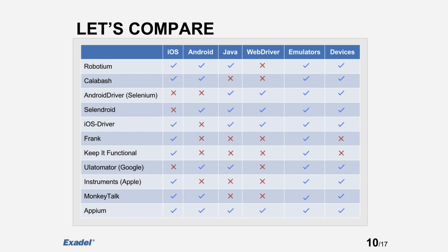Calabash, for instance, can be used for testing of Android and iOS apps, but its scripting options are limited to Ruby. Another tool, Selendroid, can be used for testing Android apps only. The bottom line is that the Appium and Selenium, which are bridged via WebDriver API, are the only tools that meet all the requirements.